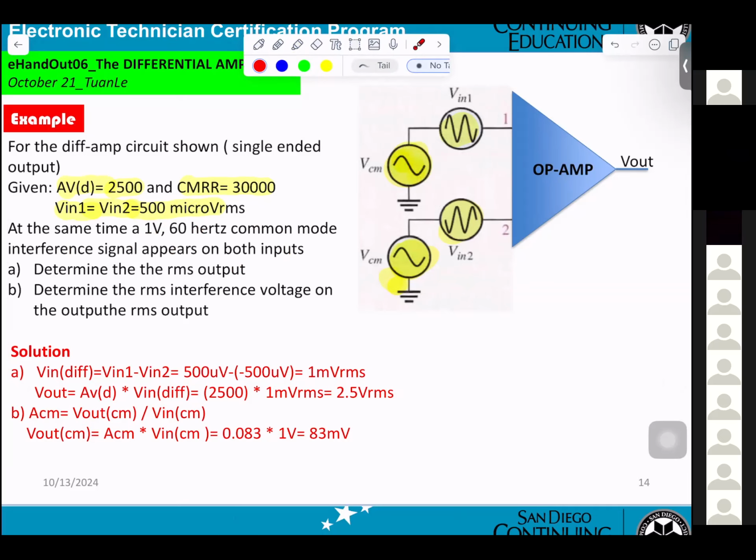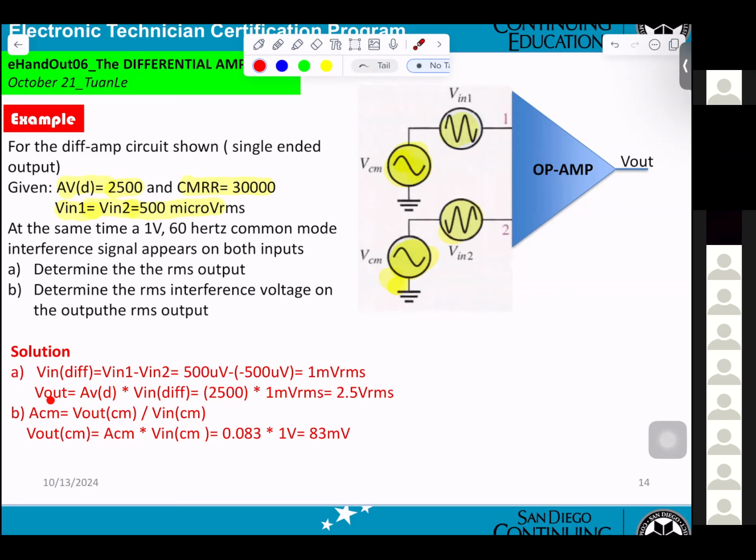First thing, V in differential is V in 1 minus V in 2. So 500 microvolt minus negative 500 microvolt. That's why they must be opposite. So you get 1 millivolt RMS.